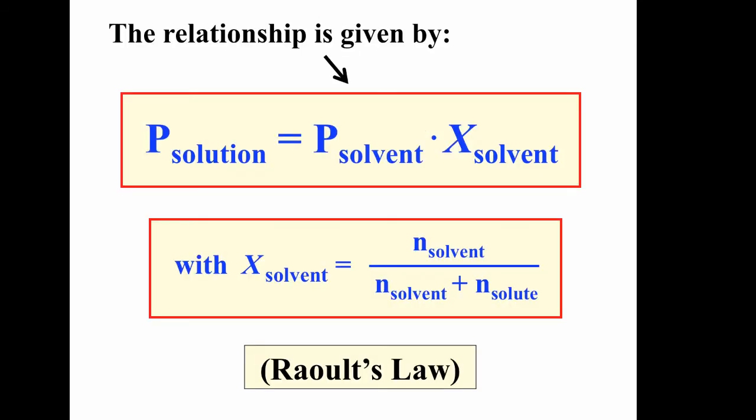So graphically, if we go back to the equation relationship here, we have the vapor pressure of a solvent is a constant value at a particular temperature. And the mole fraction could change depending upon how much solute is added, and that will in turn affect the solution's vapor pressure. So mole fraction and solution vapor pressure are in fact directly proportional.